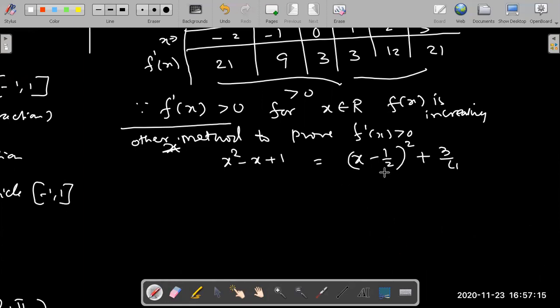So you have half and 3 by 4 as a vertex. That means the graph will be like that. So this is the half and this is the 3 by 4.